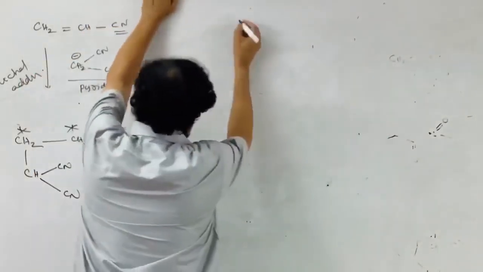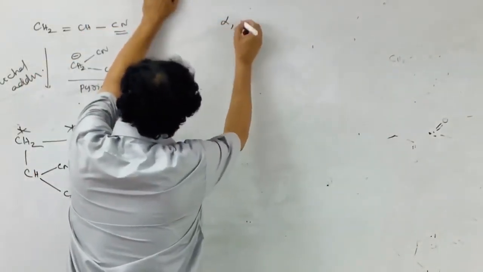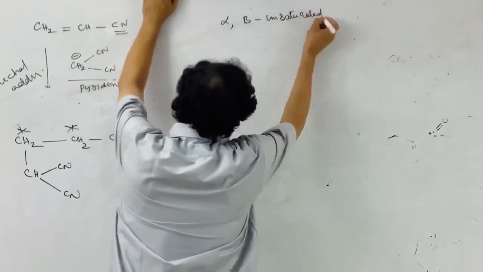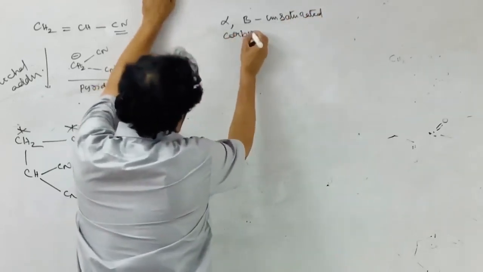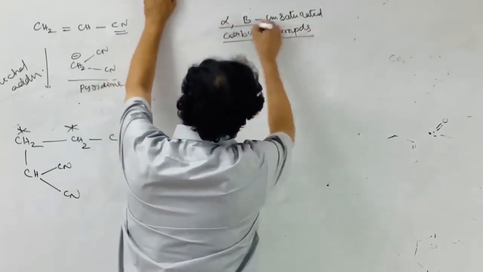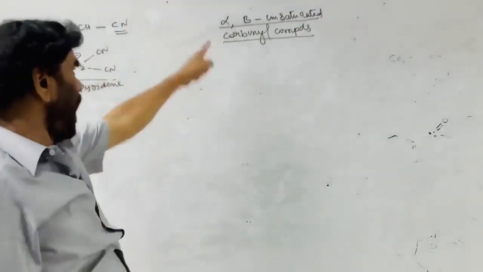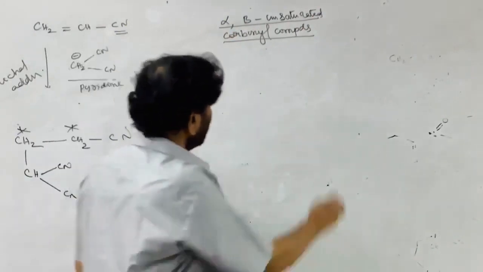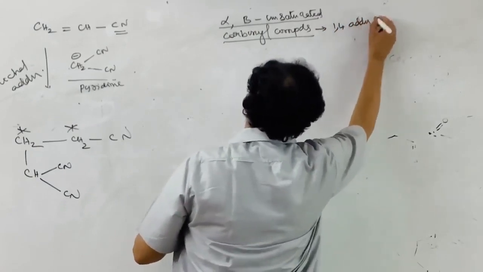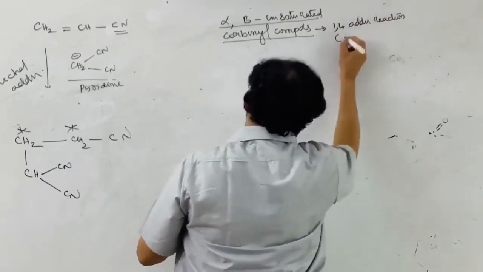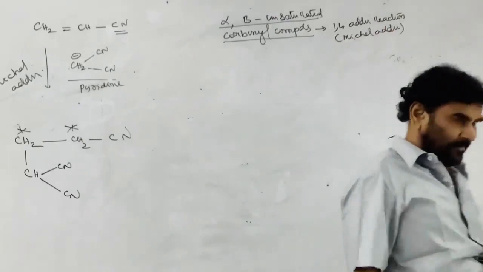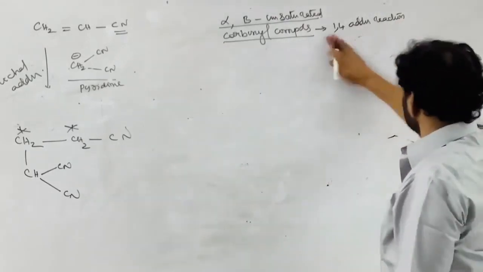See now, alpha beta unsaturated carbonyl compounds, that is 1,4 addition reaction, nothing but the Michael addition. 1,4 addition reactions first of all.